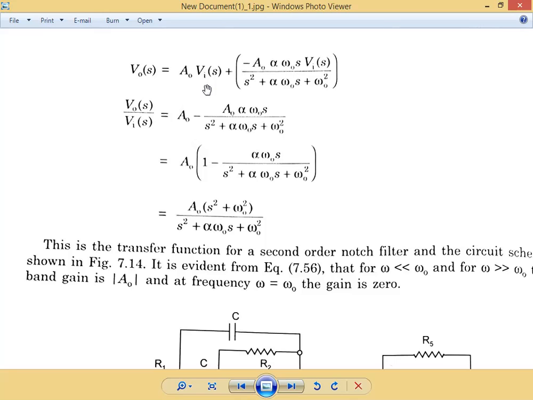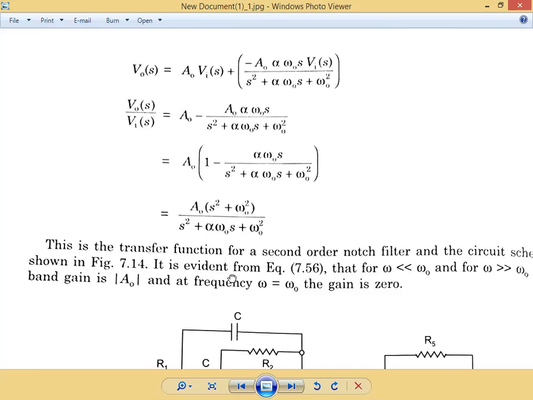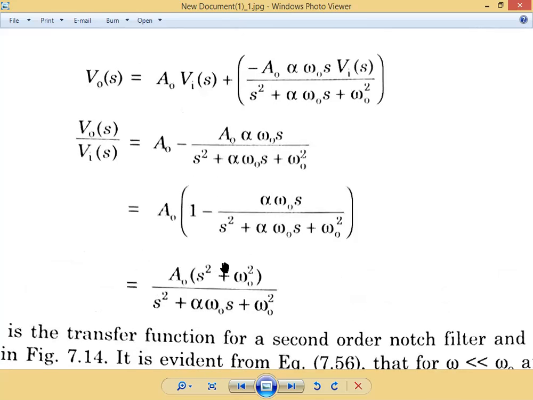When we solve this, we obtain A0 into (s squared plus omega naught squared) divided by (s squared plus alpha omega naught s plus omega naught squared). This is nothing but the transfer function of the second order notch filter.